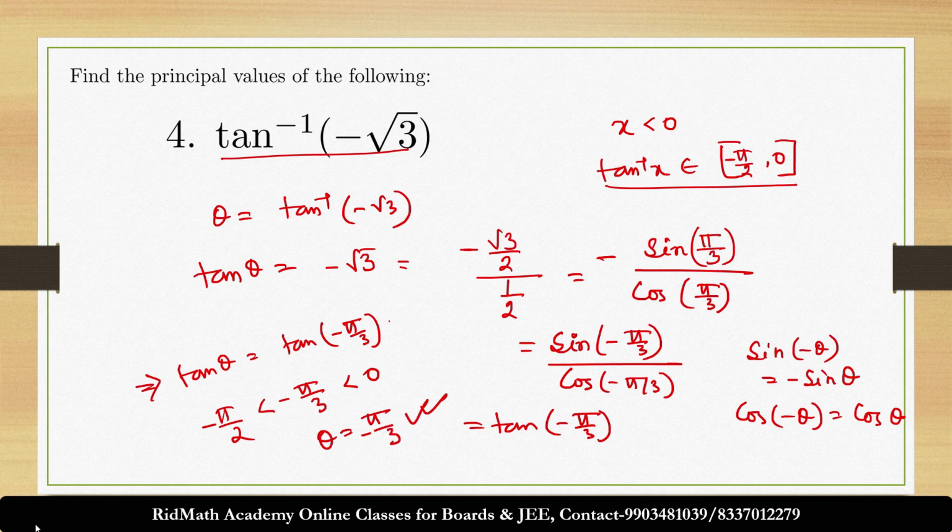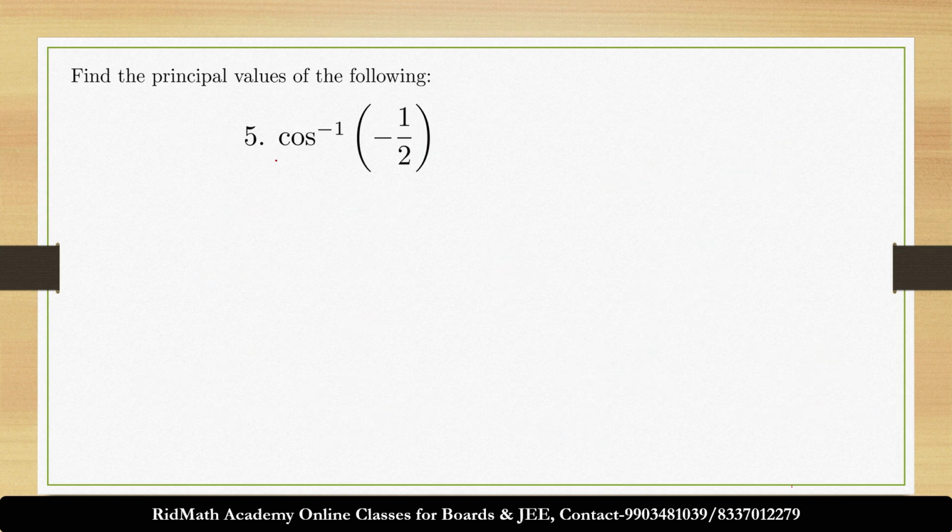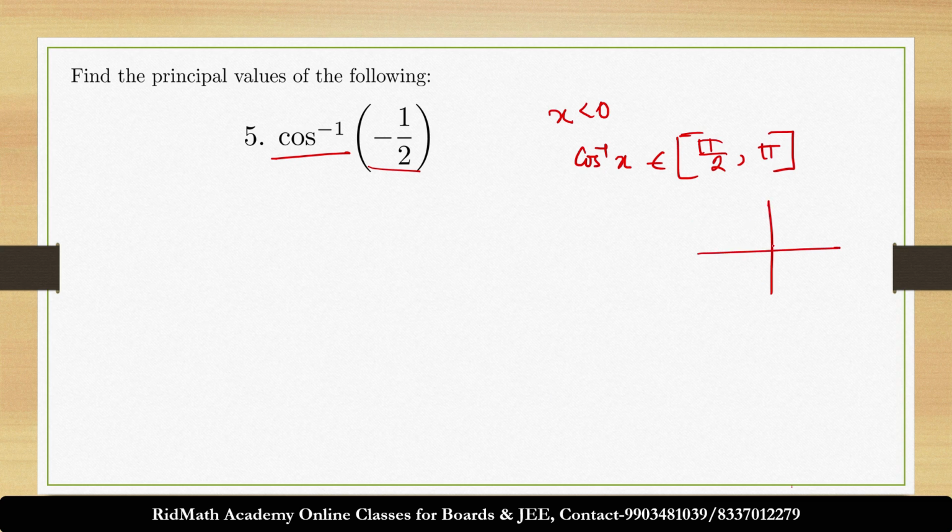Okay, next problem, cos inverse minus half. In that slide we have seen that if x is less than 0, then cos inverse x lies between pi by 2 and pi. Okay, so it is an angle of the second quadrant.